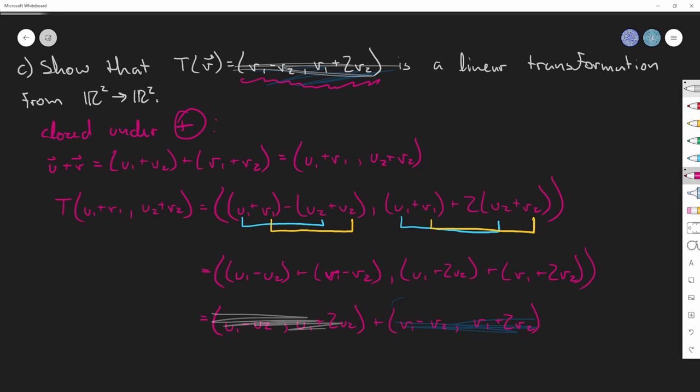So we can say that this is T of (u1, u2) plus T of (v1, v2), which is T of vector u plus T of vector v. So this is closed under addition. This is the same as what we have here.